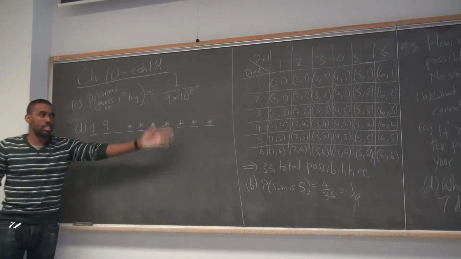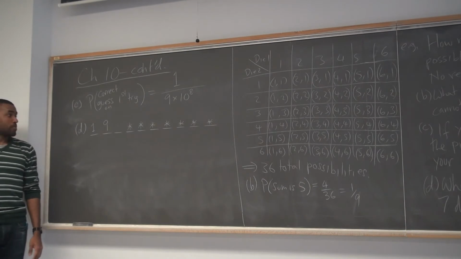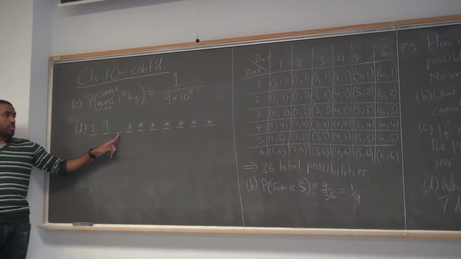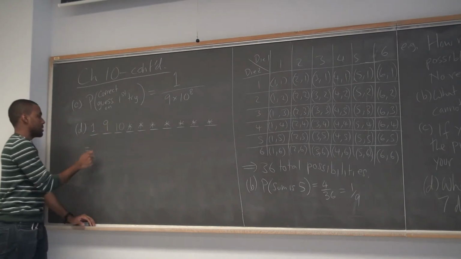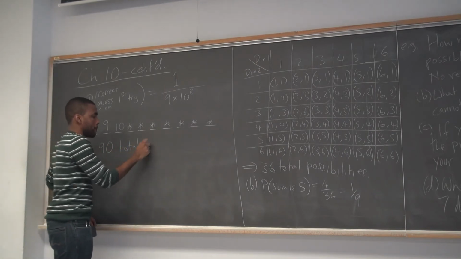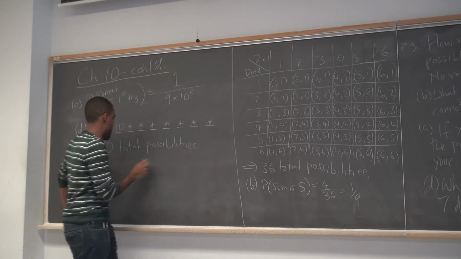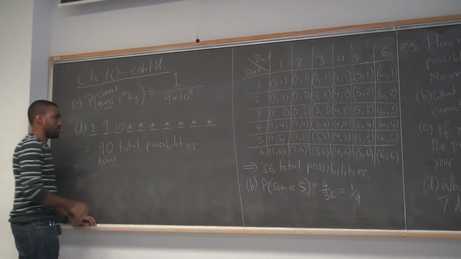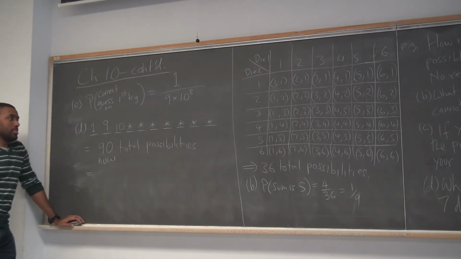He doesn't even have to guess them. So how many guesses would he have to take here? 10 for the remaining digit, which means there are only 90 total possibilities now. If he dials a number a minute, he'll figure out your number in about an hour and a half.